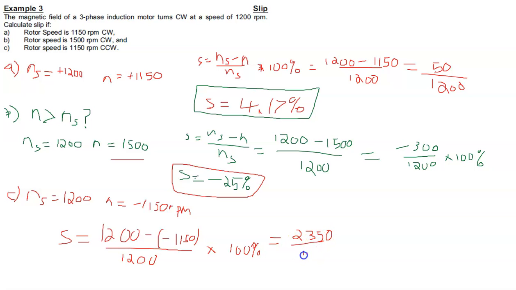On the bottom, 1200. And if we work that out and round to true significant digits, 196%. And so again, not normal operation as a motor. And so we'd have to conclude that something is going on there. And again, the most likely scenario for that one is reversal or electromechanical braking.